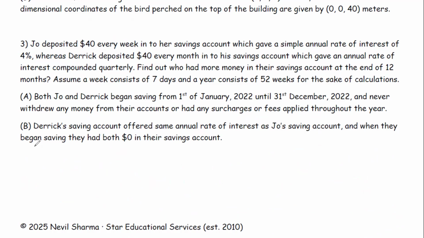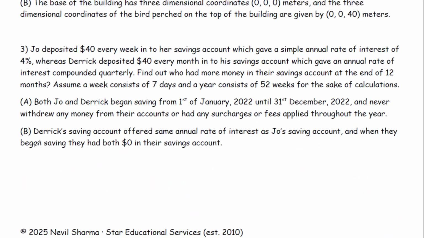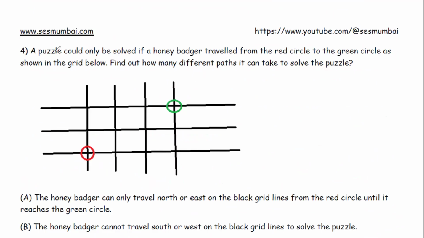Fourth one. A puzzle could only be solved if a honey badger traveled from the red circle to the green circle as shown in the grid below. Find out how many different paths it can take to solve the puzzle.